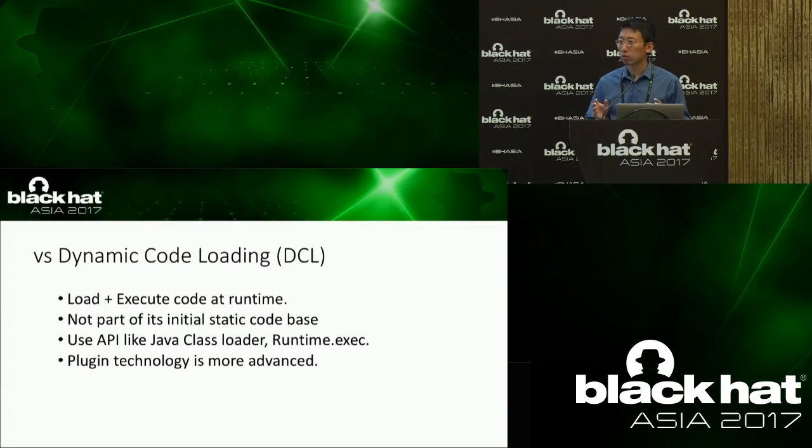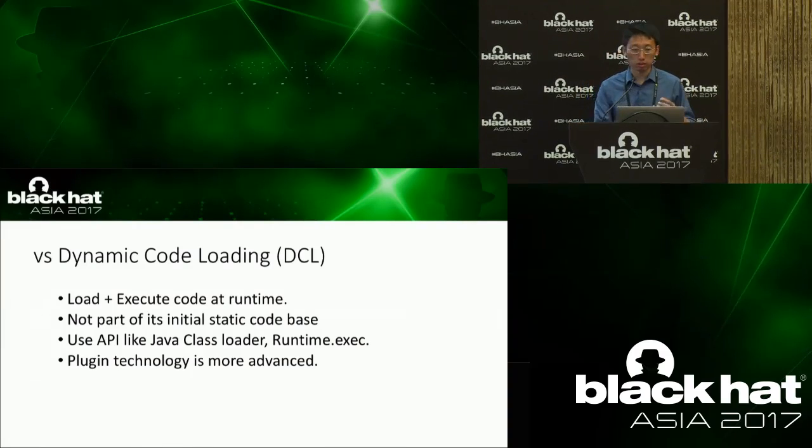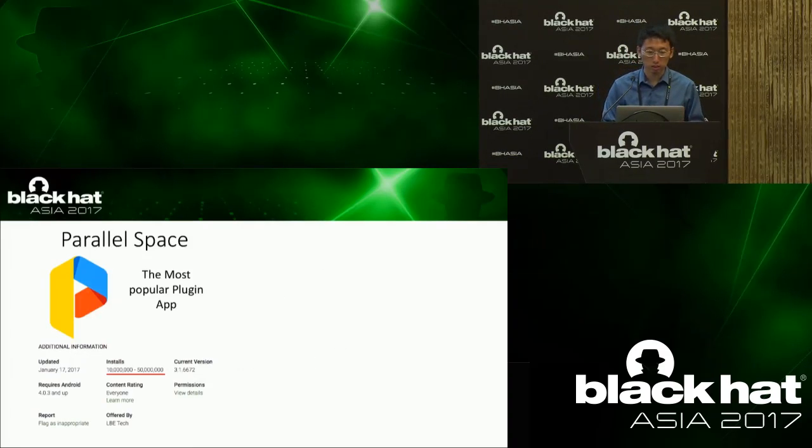But DCL can only load and execute a small piece of code, which is highly integrated with the current app's context. Plugin technology is more advanced since it can launch a whole APK file. It can launch any APK file as a whole package, containing code to perform more complicated functionalities and more interactions with the system. I will show you this in the rest of the presentation.